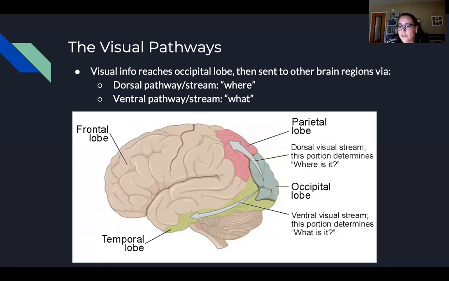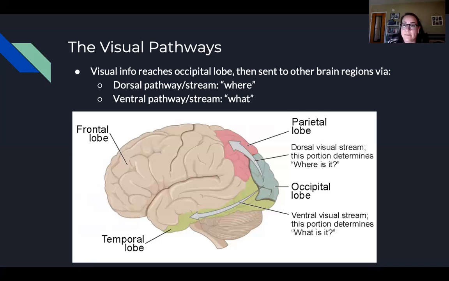So with agnosias, you can have difficulty recognizing certain objects. You can also have a specific kind of agnosia called prosopagnosia, also called face blindness, where you are unable to differentiate the faces of people from each other, even if it's somebody like your wife, your mom, or your brother. So there are disruptions that can happen along the paths not just of our senses.